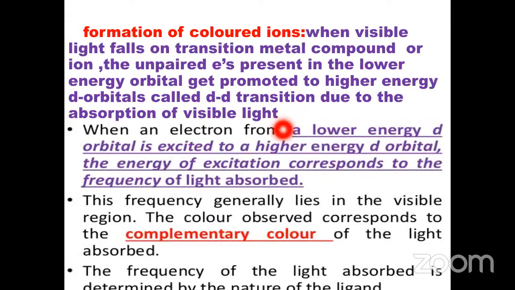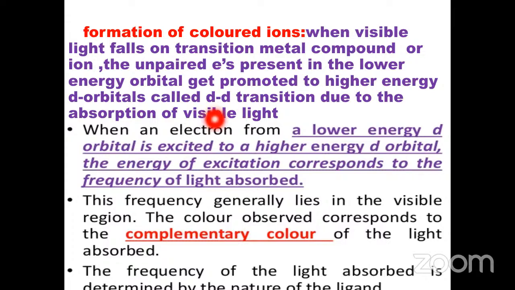Next, transition metals form colored compounds also. How do these form the colors? When visible light falls on a transition metal compound or ion, if any one of the electrons present in the given ion or compound is in a lower energy d orbital, then it gets promoted to a higher energy d orbital.